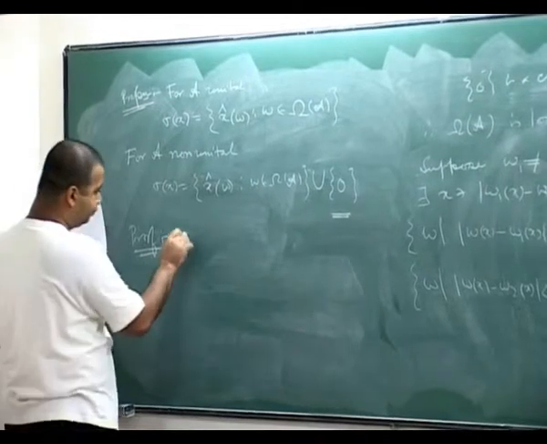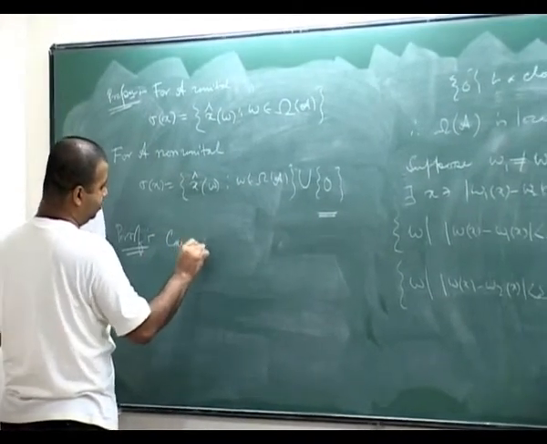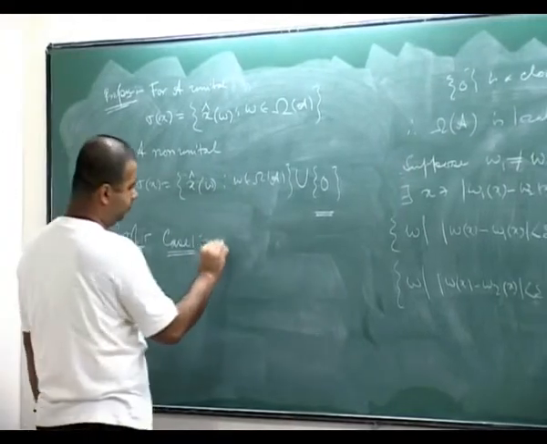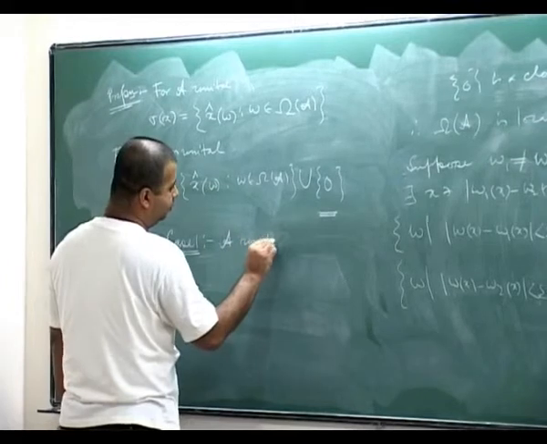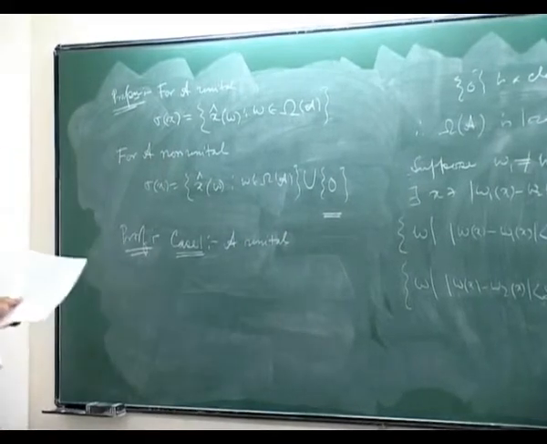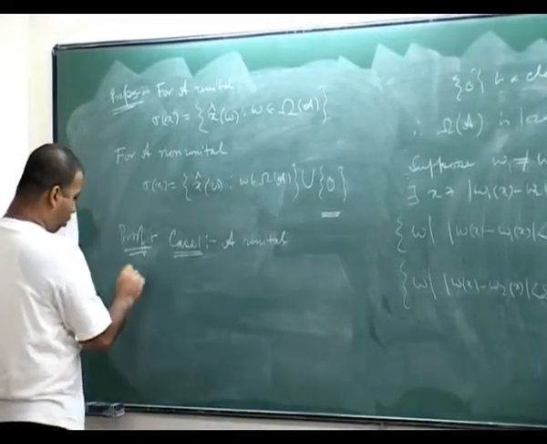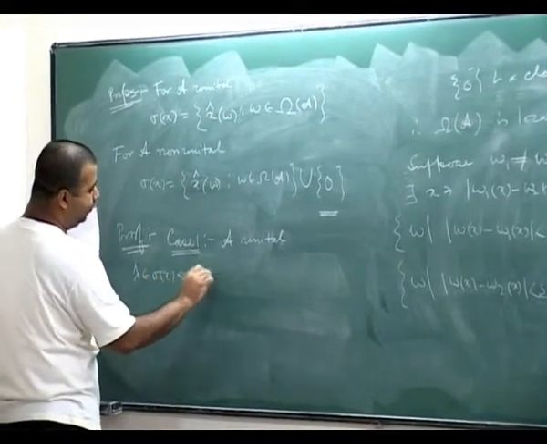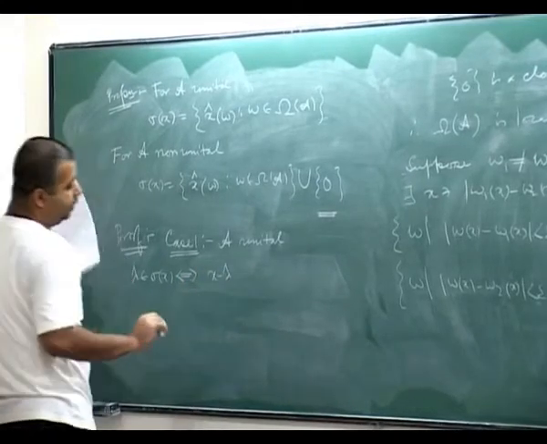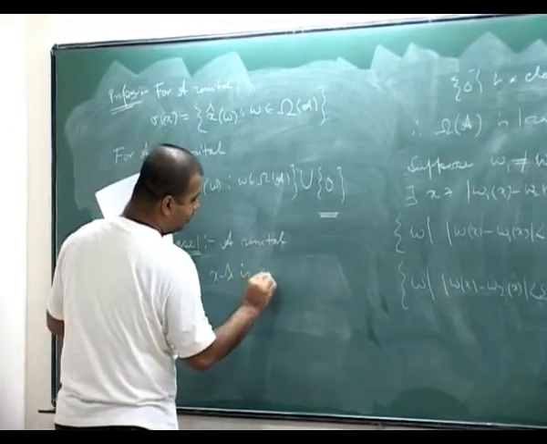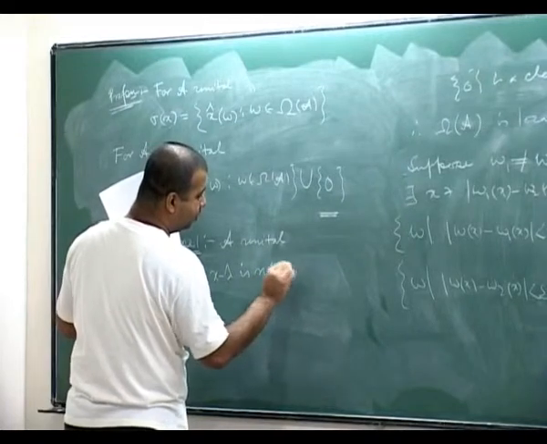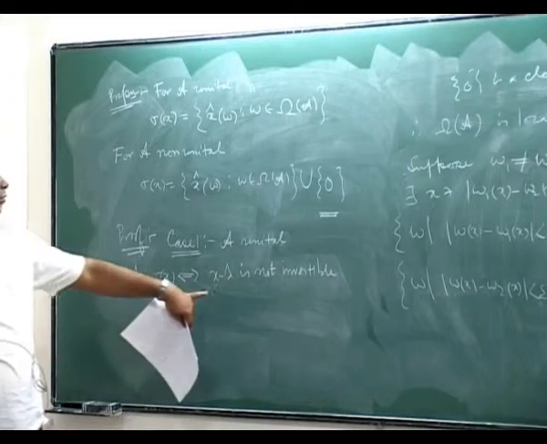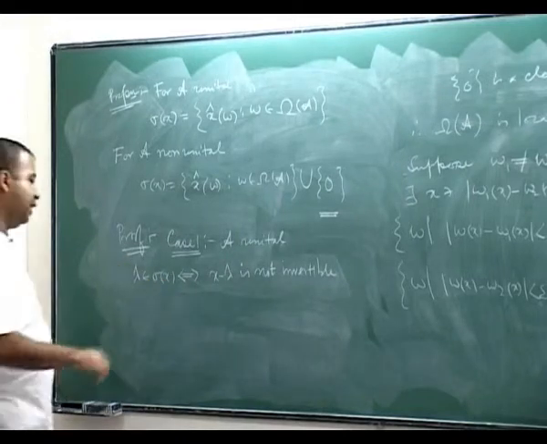So, case 1, A unital. So, lambda belongs to the spectrum of x if and only if x minus lambda is not invertible. As it is not invertible, that means it is inside some maximal ideal.